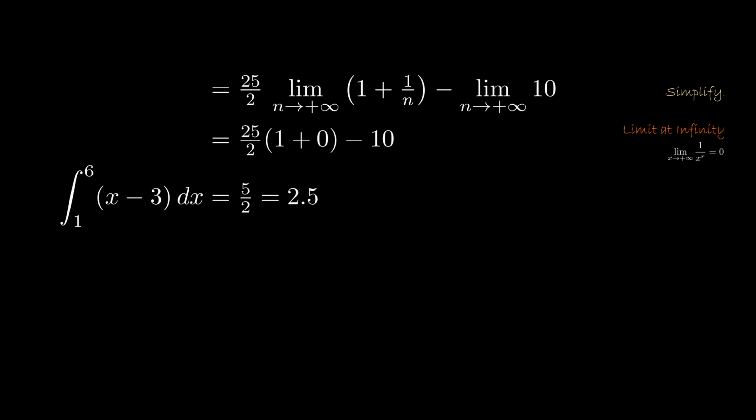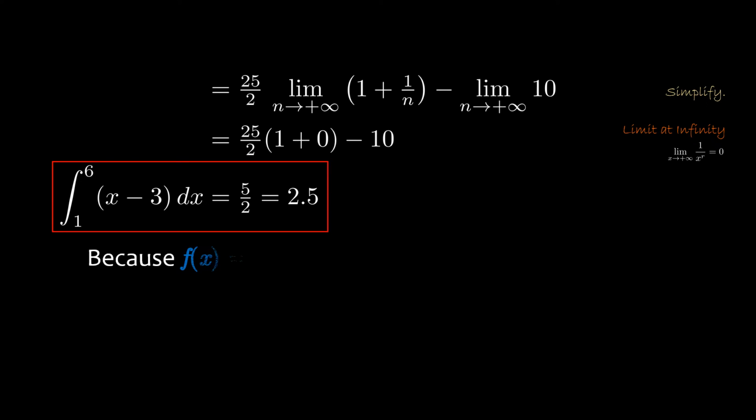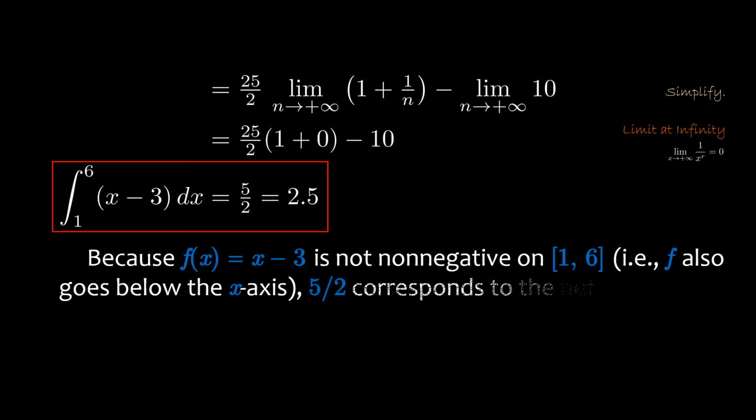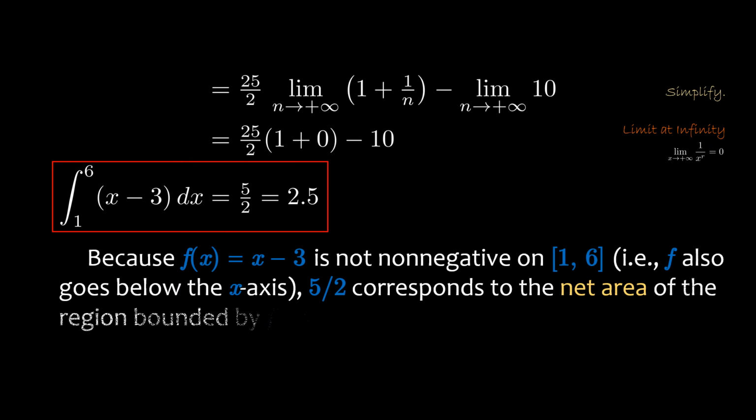Accordingly, the integral of x minus 3 dx from 1 to 6 is equal to 5 over 2. Because f of x equals x minus 3 is not non-negative on [1, 6], in other words, f also goes below the x-axis. 5 over 2 corresponds to the net area of the region bounded by f on [1, 6].